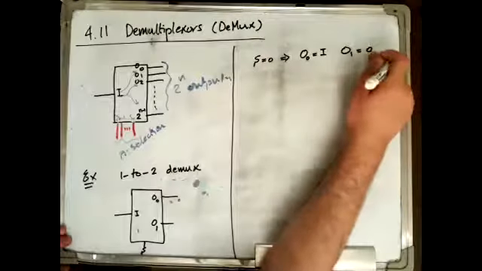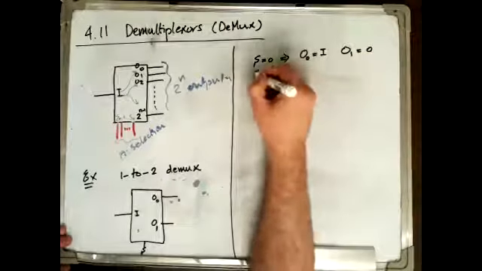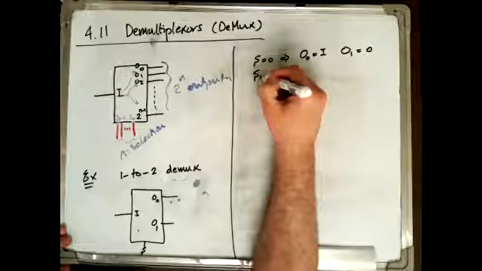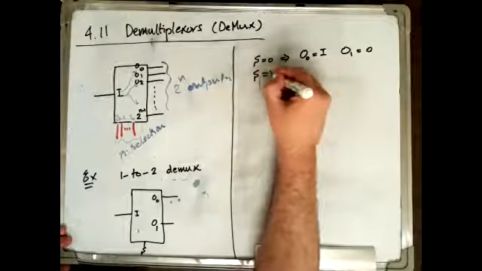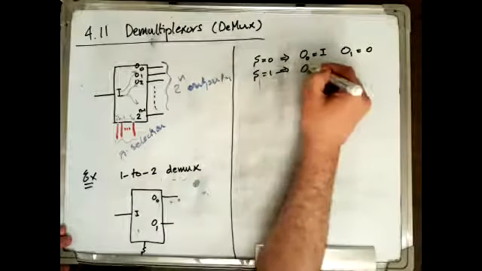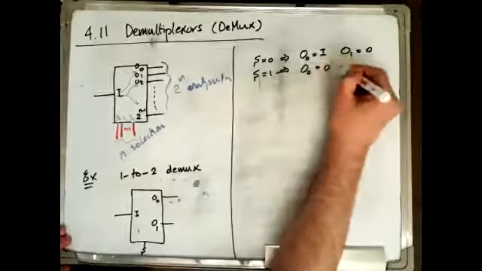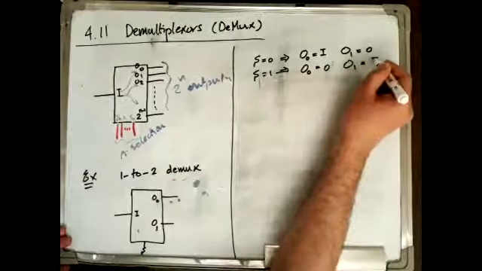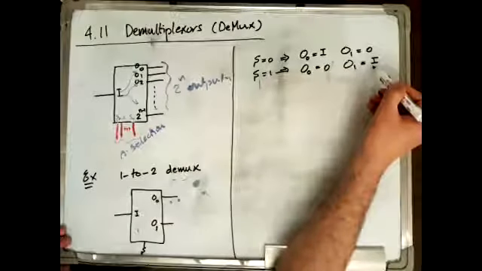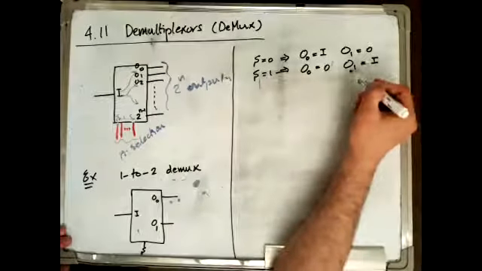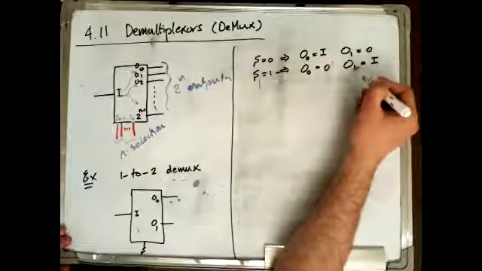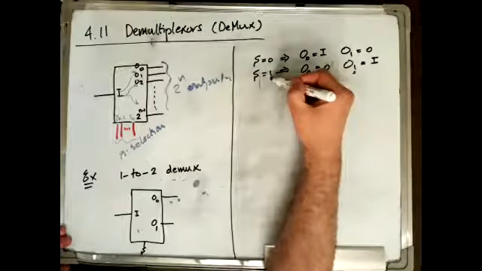We can fix it to 1, but it's okay. You can pick whatever you want. If S equals 1, then output 0 is 0, and output 1 is I. So the input passes to the output specified by the selection line.